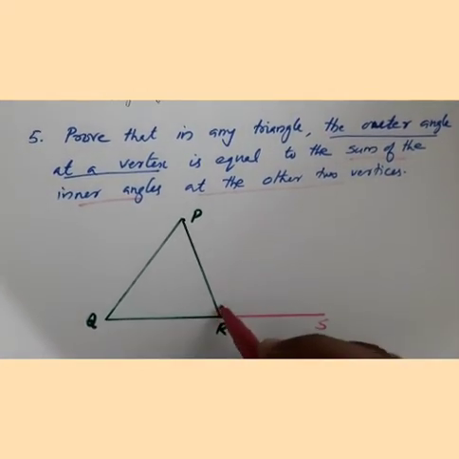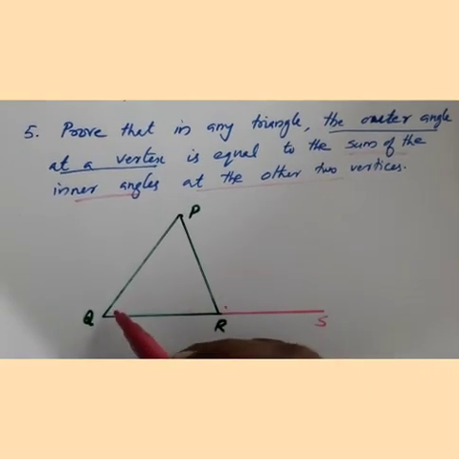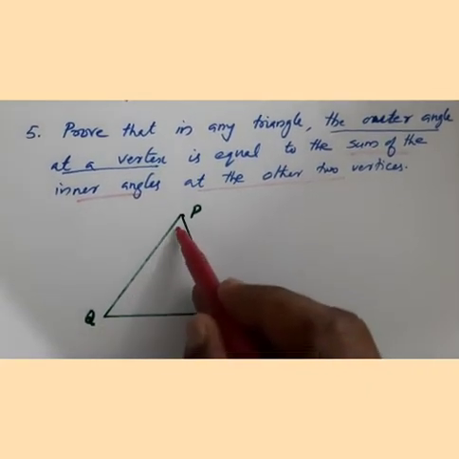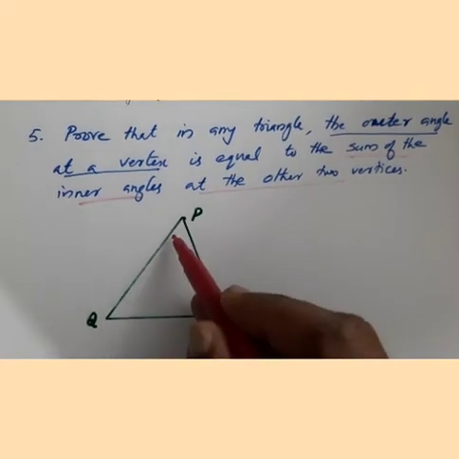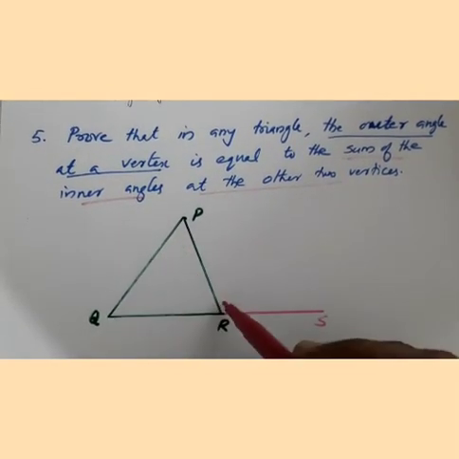If you are taking this angle, the outer angle should be equal to the sum of the inner angles at the other 2 vertices.